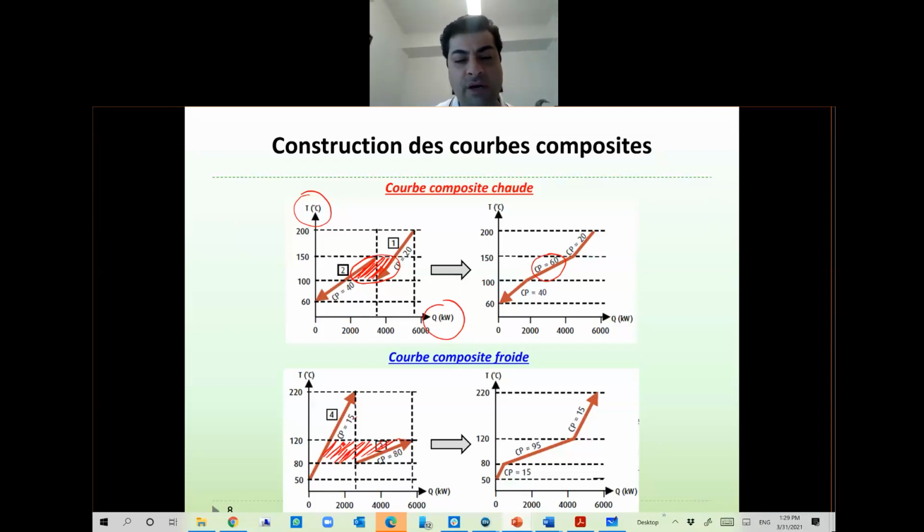So if you combine these two streams at this interval, you end up with a new stream with a CP of 95. Okay, so by this kind of combination of cold streams and hot streams, you end up with two composite curves. One composite curve that represents hot streams, one composite curve that represents cold streams.